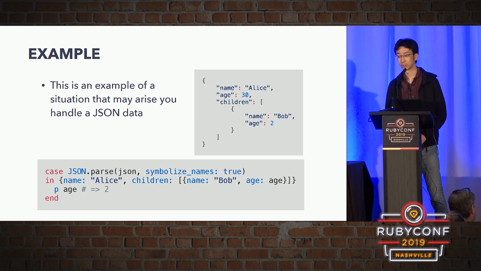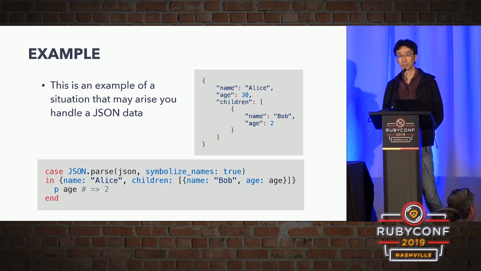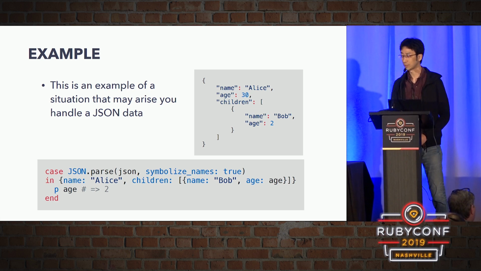Next, I'd like to show real use cases of pattern matching. This is an example of a session that may allow you to handle JSON data. If you look at the upper right of the slide, there is information about a person, and there is also code printing the age if a condition is met.